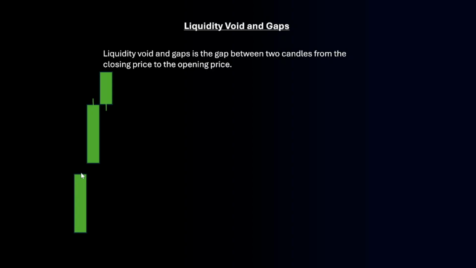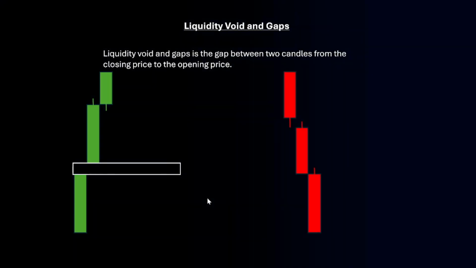It's showing you that from the closing price to the opening price, there was an inactive trading period within that time, which is a liquidity void, and price will reference back to it. So make sure you note areas like this, because these are major reference points to note on the chart to know where price will reverse or where price will react.